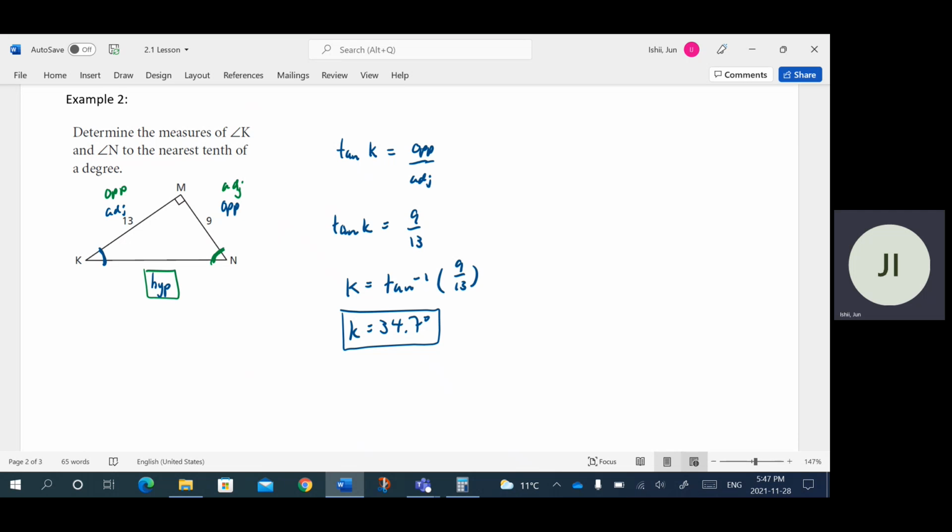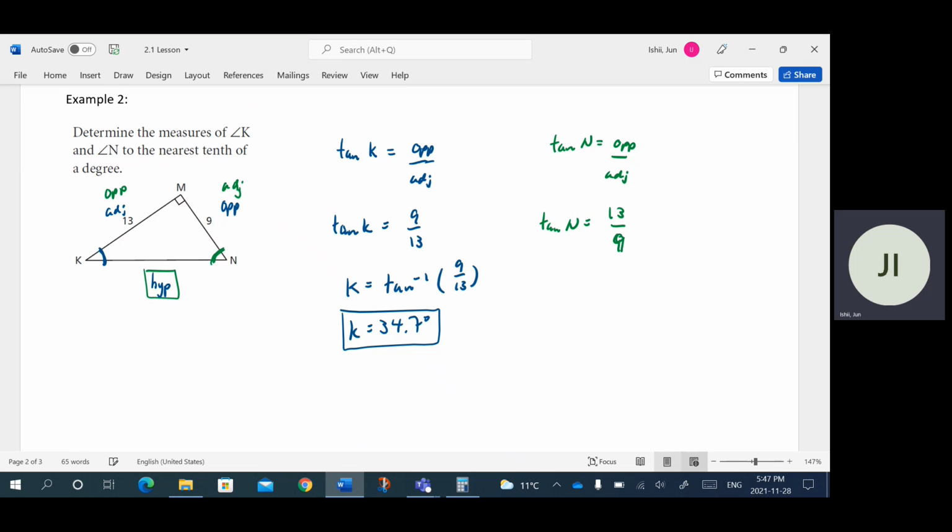So tangent of angle N is equal to, again, opposite over adjacent. My opposite side for angle N is 13, and the adjacent side now is 9.